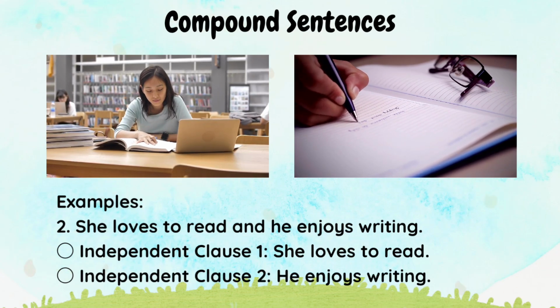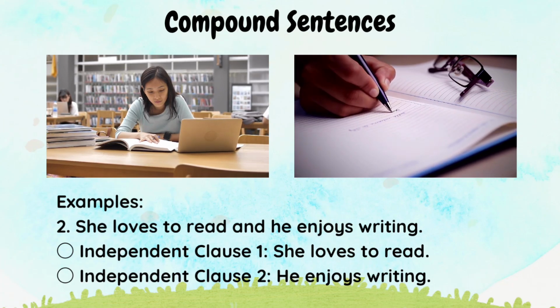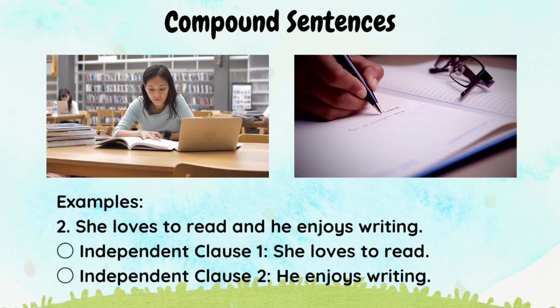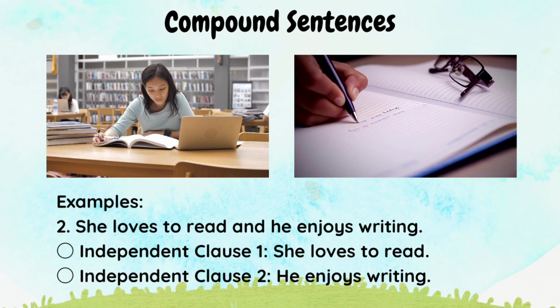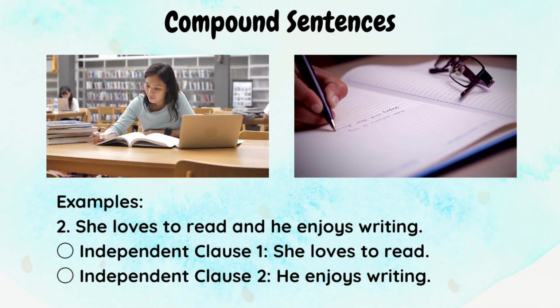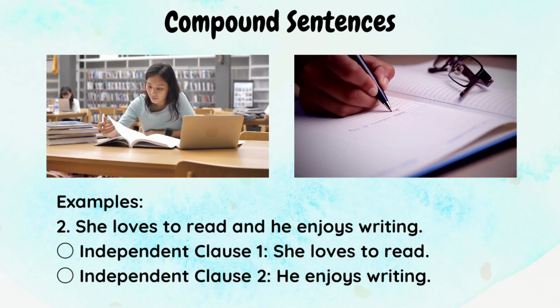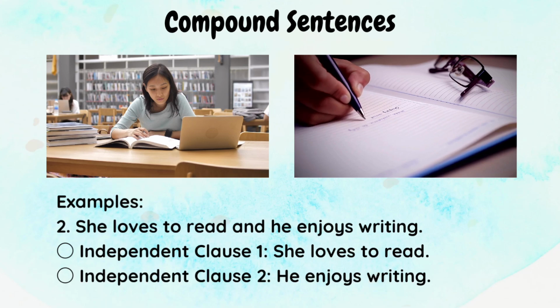Here, the two clauses are also connected by the coordinating conjunction and. If you look closely at the two clauses, they are independent, so they can stand alone. For example, she loves to read. If you put a full stop here, the reader can still understand the meaning without combining it with another clause.